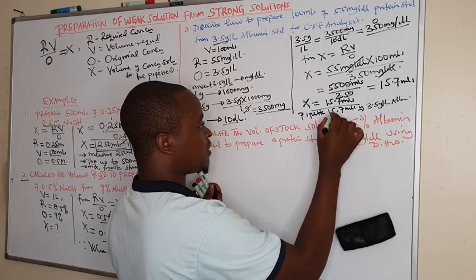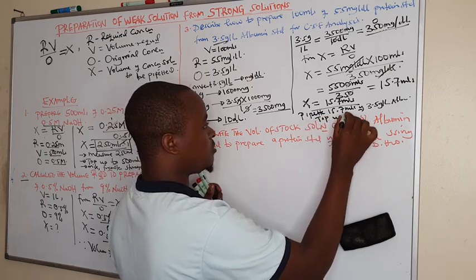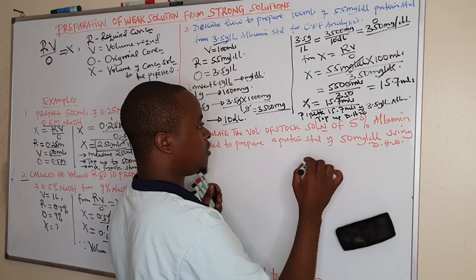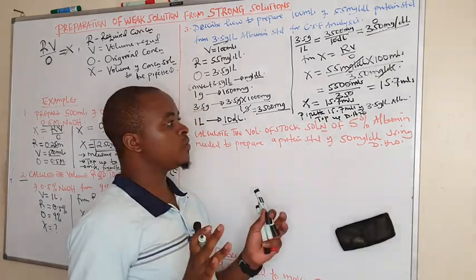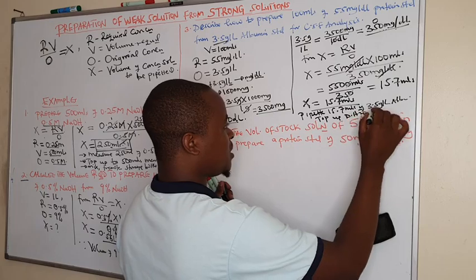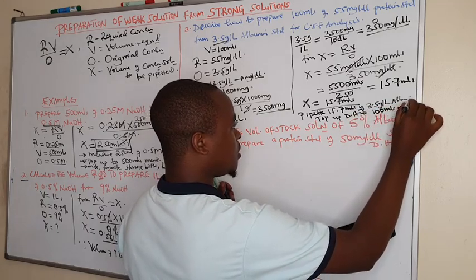After pipetting this, we are going to top up with distilled water. So we pipette and put it in a measuring cylinder. Then we top up with distilled water up to the 100 mils mark.